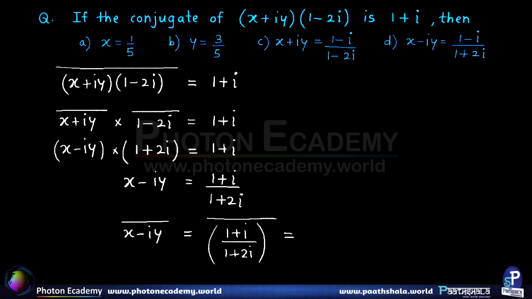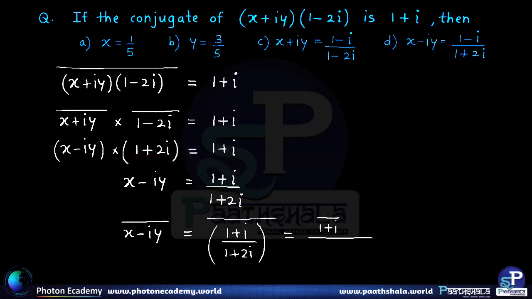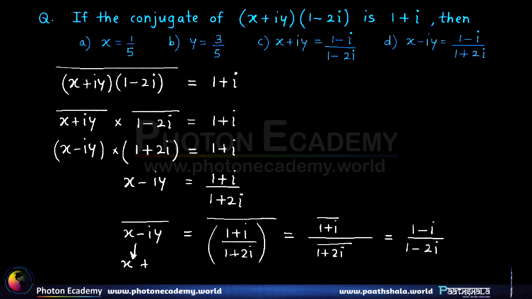By the property of conjugates, this is equal to the conjugate of 1 plus i divided by the conjugate of 1 plus 2i, which is 1 minus i upon 1 minus 2i, and the conjugate of x minus iy is x plus iy. So we get x plus iy equal to 1 minus i upon 1 minus 2i. Therefore answer C is the correct option.